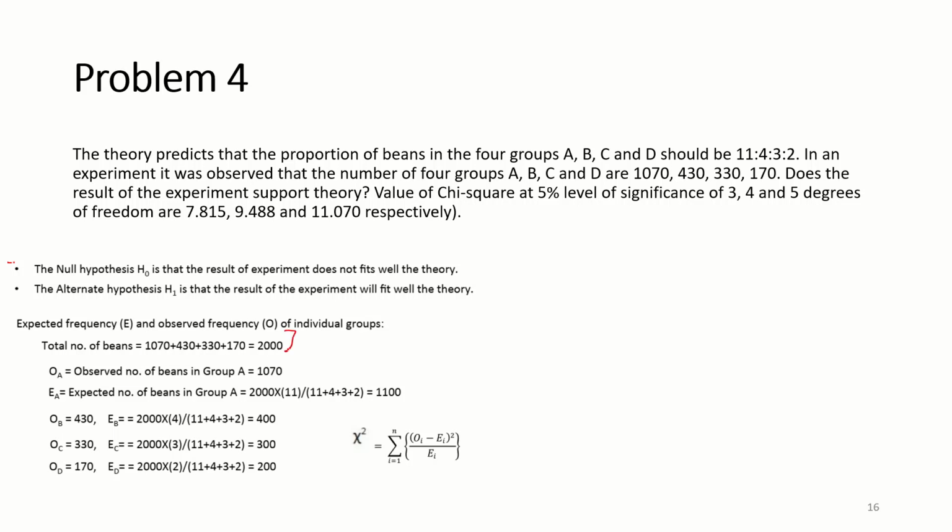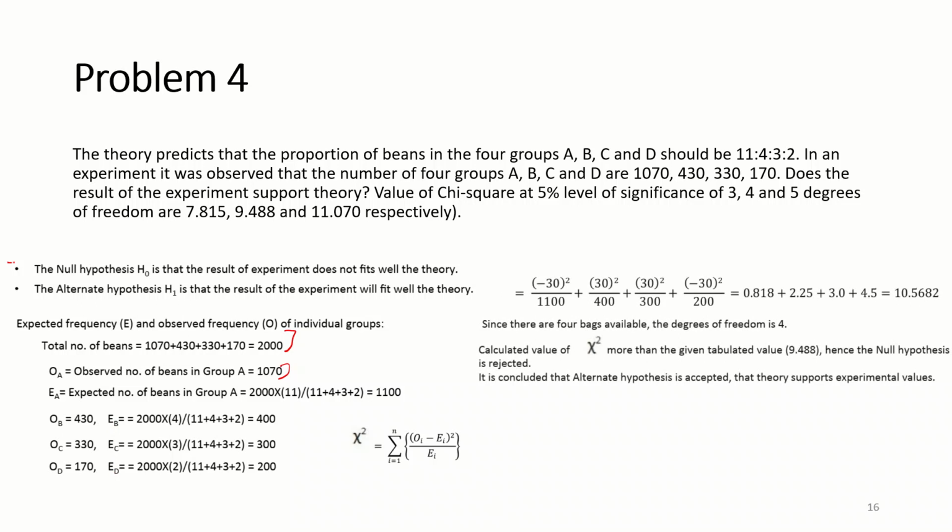So this is the total number of beans, the observed number of beans, okay, and then you have to find what is the expected number of beans in group A. Like that you have to find the expected number for each of A, B, C and D, okay. Then you will find that the test statistic is the chi-square. You will find the value which comes around 10.5682.